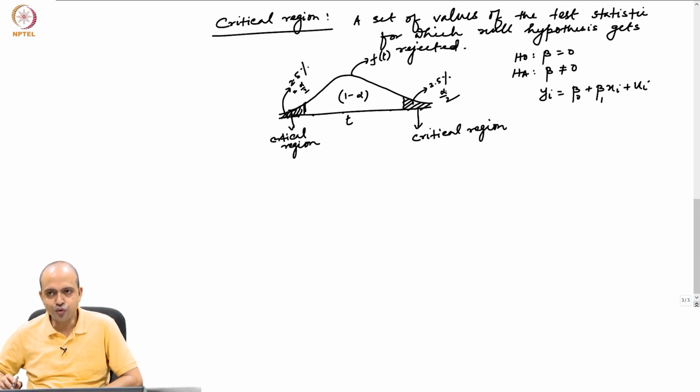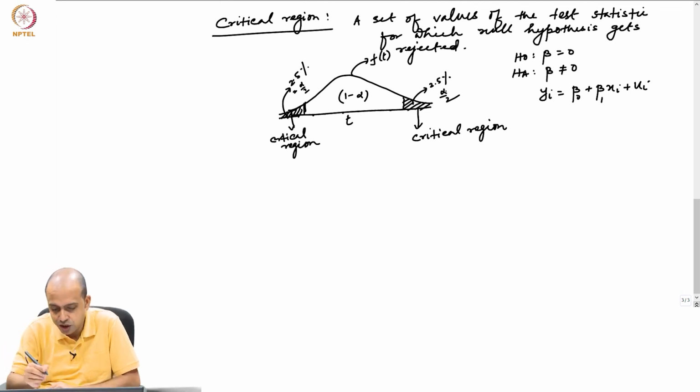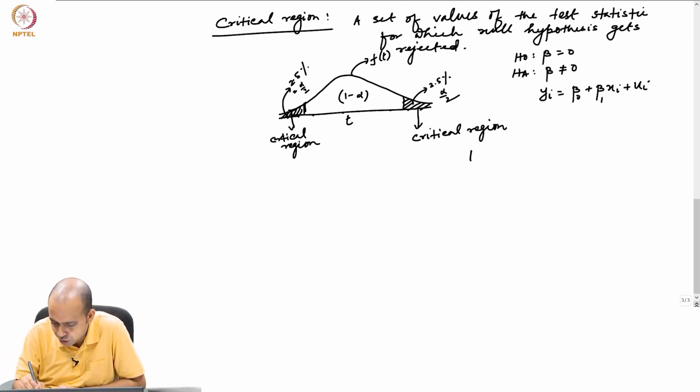Now, how will you decide whether to reject or not reject? You can calculate your test statistic immediately after estimating your model and the standard error of beta hat.